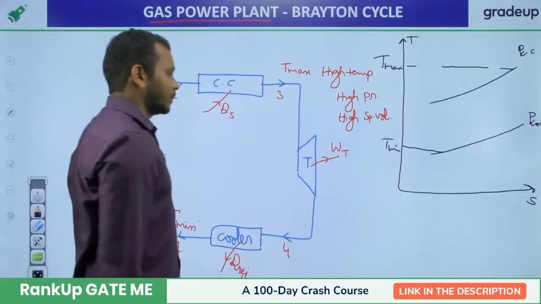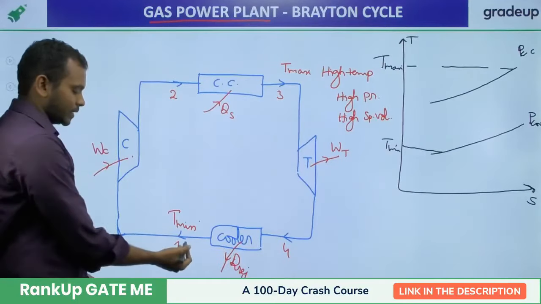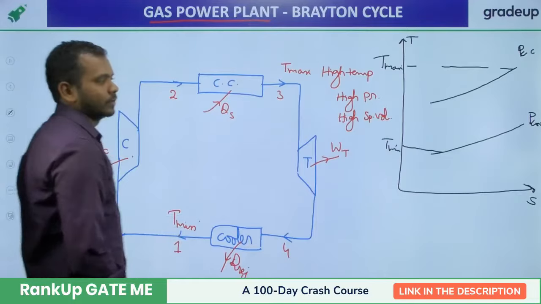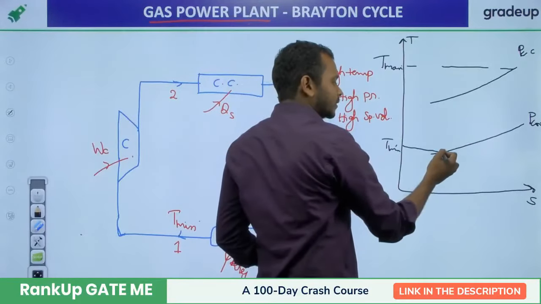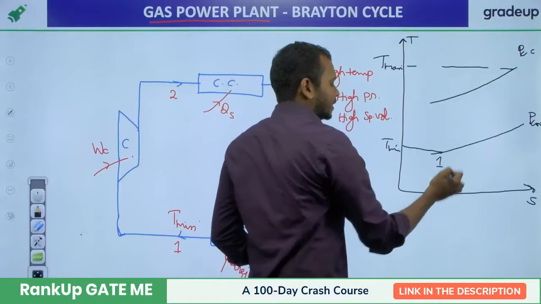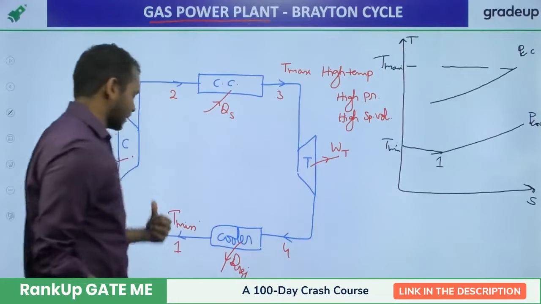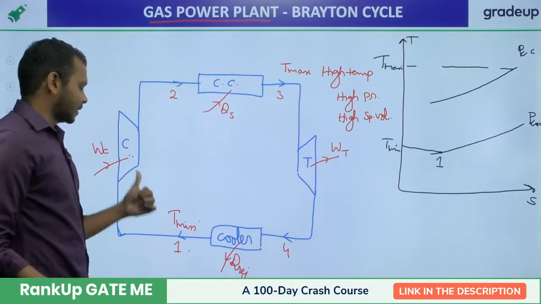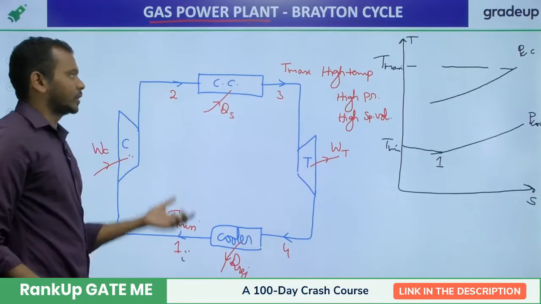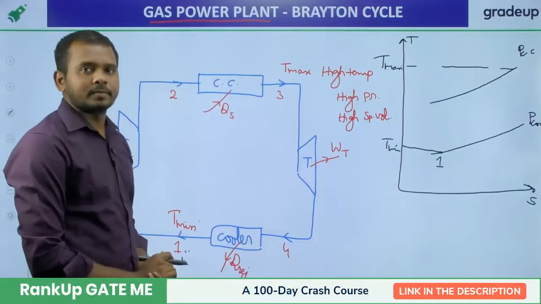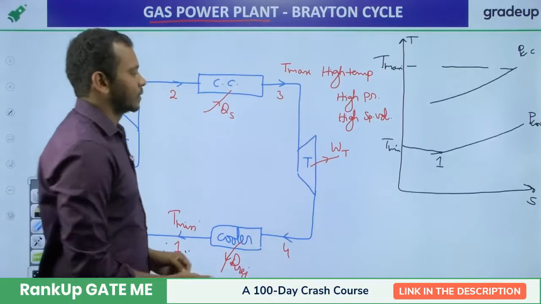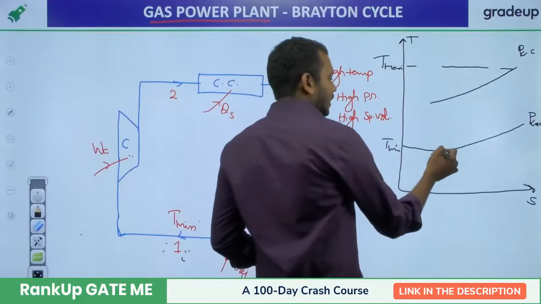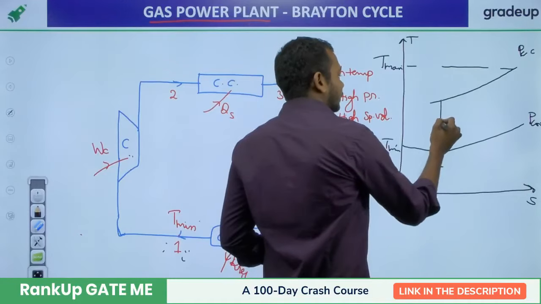Okay, so now the process starts from the cooler pressure and minimum temperature. This is the state 1. Where do you have the state 1? The cooler pressure and minimum temperature. From this state 1, the compressor takes the gas and increases the pressure of the gas from the cooler pressure to combustion chamber pressure isentropically.